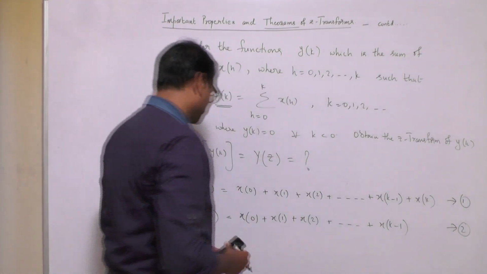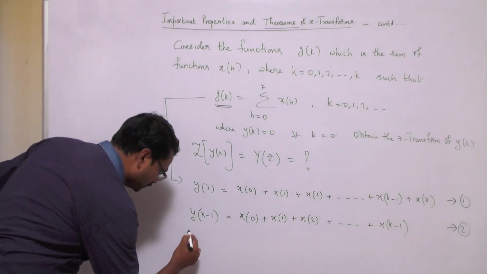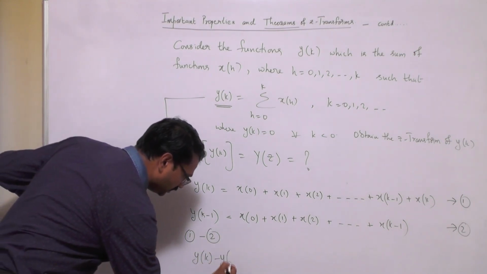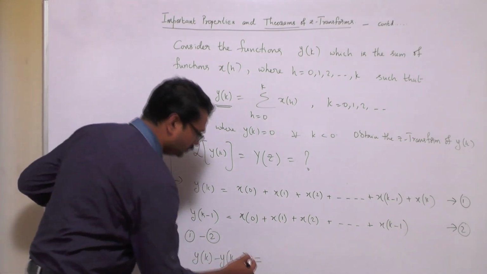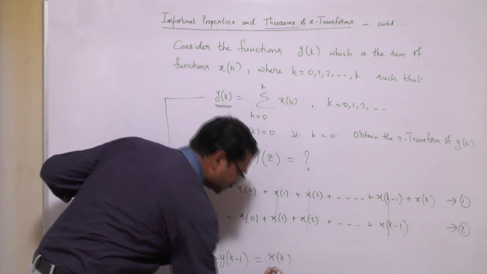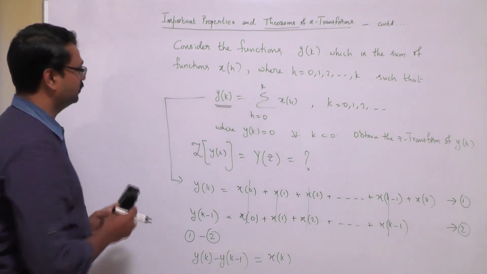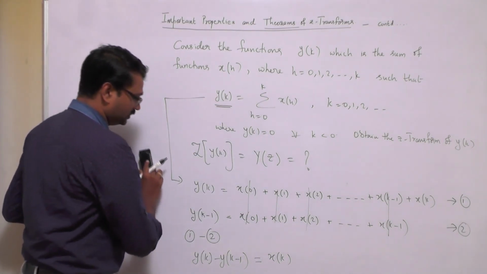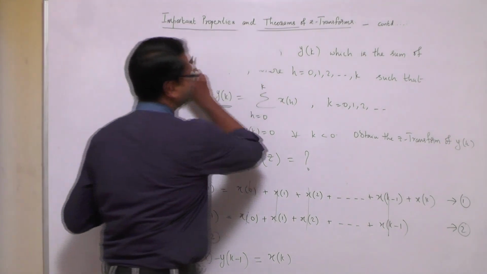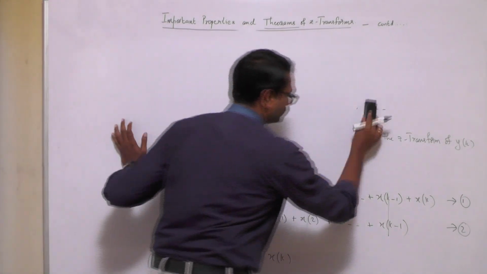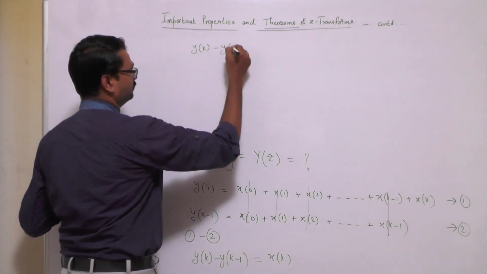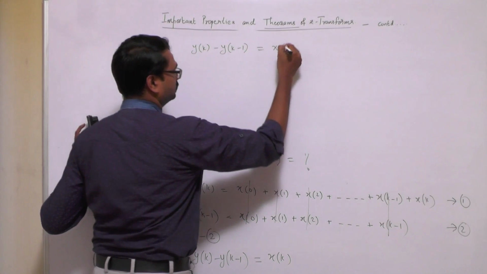If I subtract equation 2 from 1, I get y of k minus y of k minus 1. You can cancel out all the terms and you will be left with x of k. Therefore, y of k minus y of k minus 1 is equal to x of k.